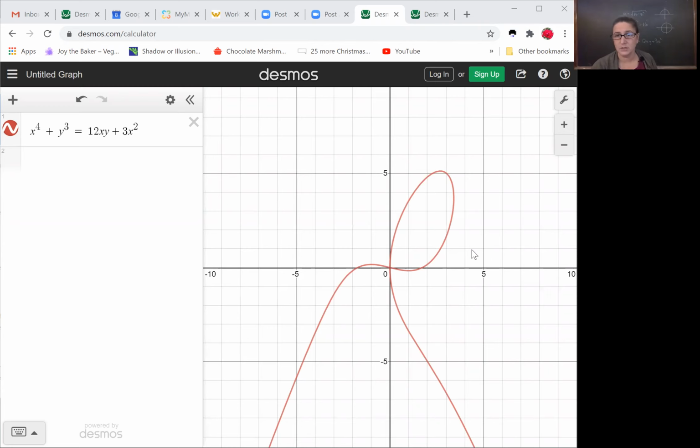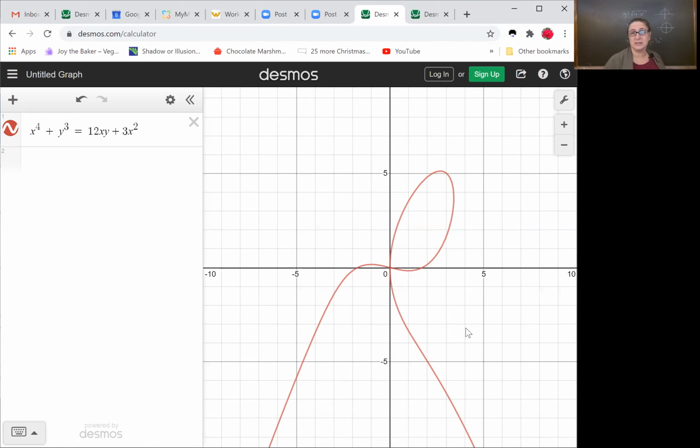It's not a function, but just like the circle, you can imagine that if I specified different x and y's, let's say I'll take this branch over here, or maybe I'll take this branch up there. I could break it up into pieces where it was a function.